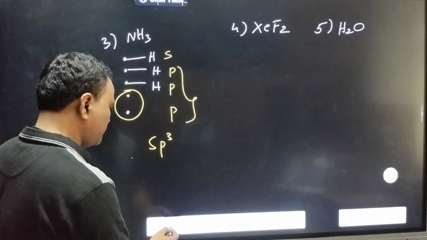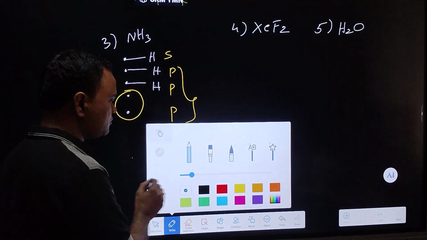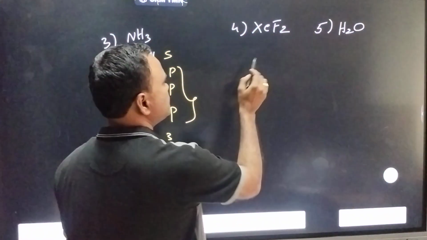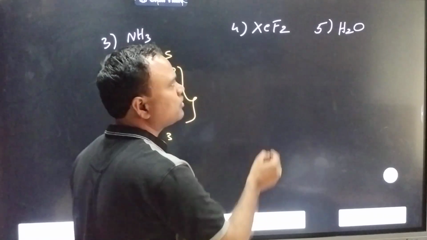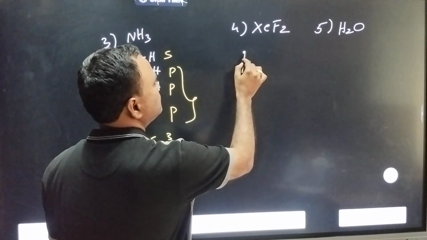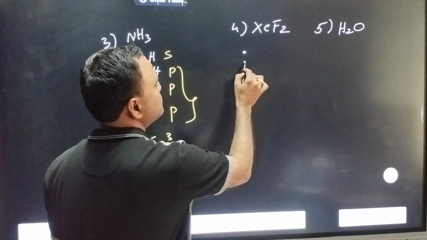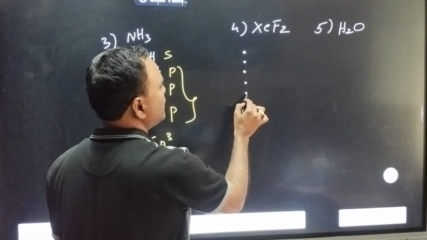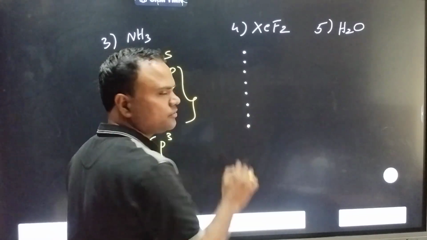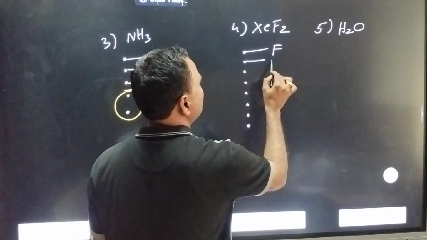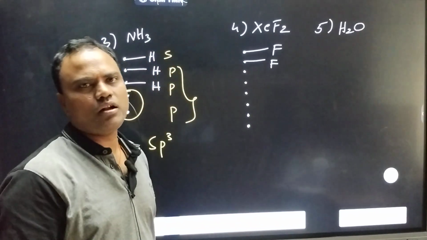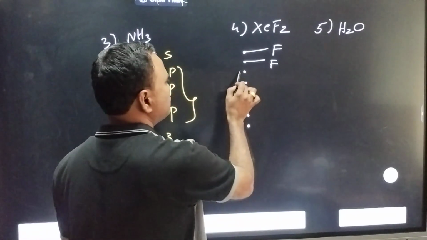Now coming to XeF2. What is the answer for XeF2? Xenon belongs to which group? Group 8. One, two, three, four, five, six, seven, eight: 8 electrons. Fluorine, fluorine. If any electrons remain, what do we have to do?